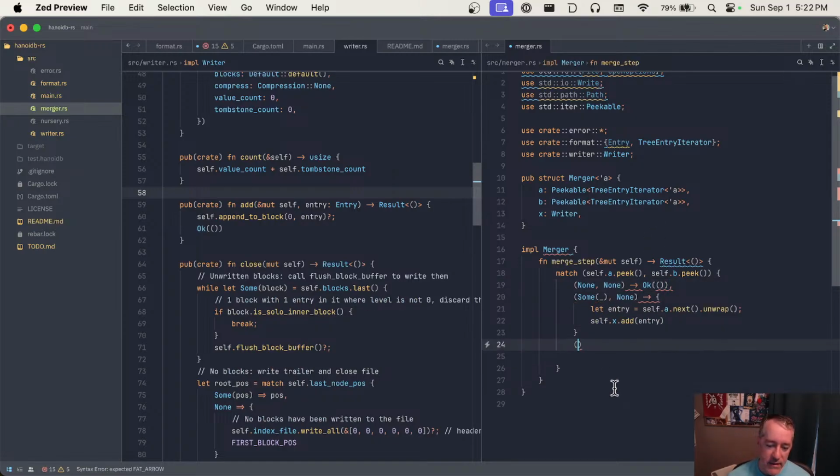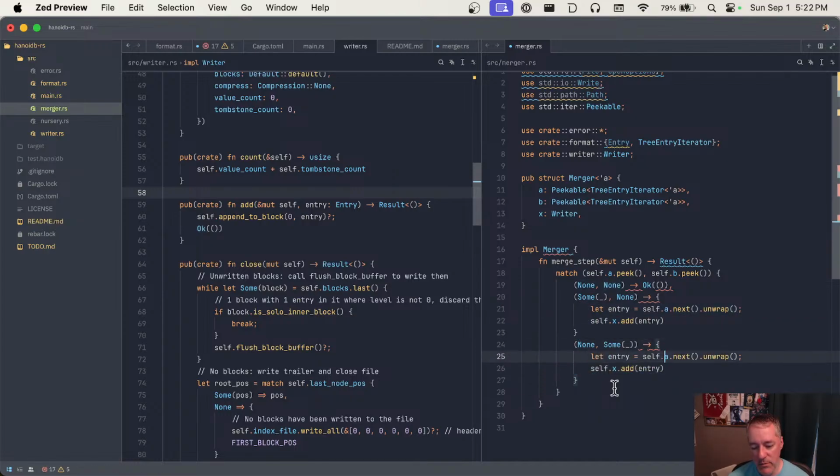Okay, and then if there's no A, but there is a B, then we need to do basically this, but with B. Okay. And now here's the kicker case.